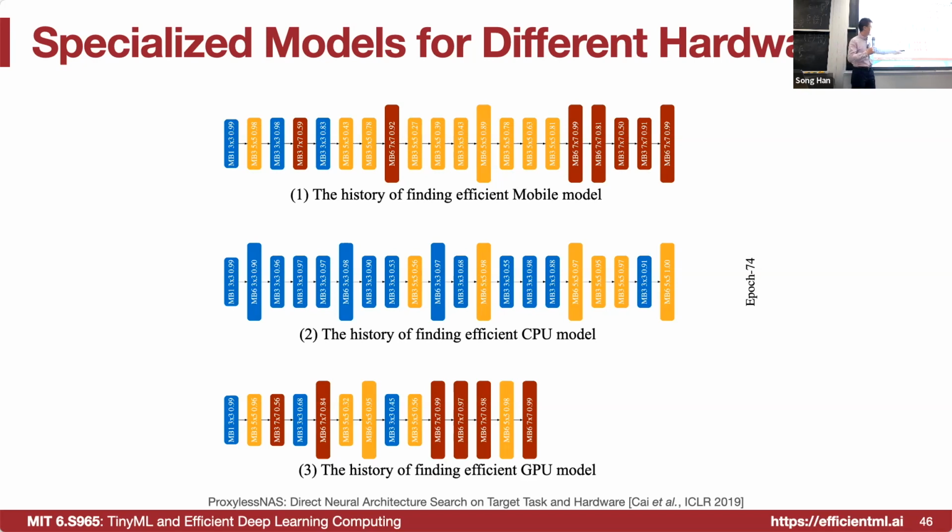So these red layers are 7x7 convolution. These orange are 5x5, and the blue is 3x3 convolution. Okay? And we can see the efficient mobile model and CPU model are deeper, and the CPU model especially prefers to use many small 3x3 convolutions, as opposed to the GPU using a lot of 7x7 convolutions to saturate its parallelism.